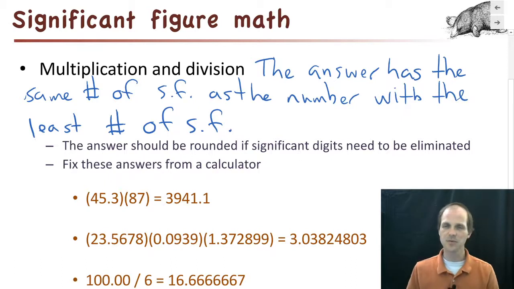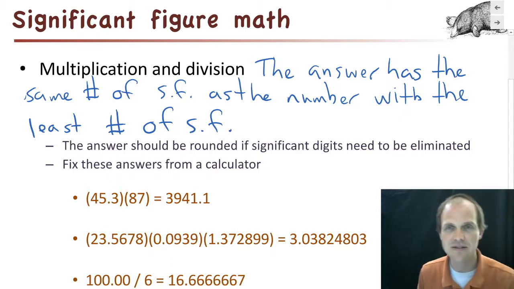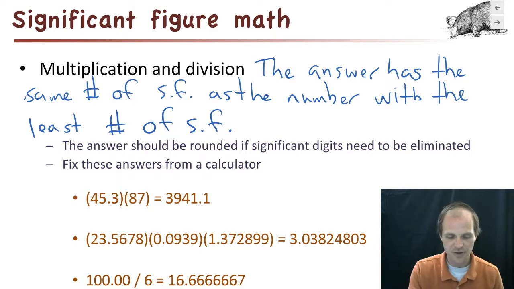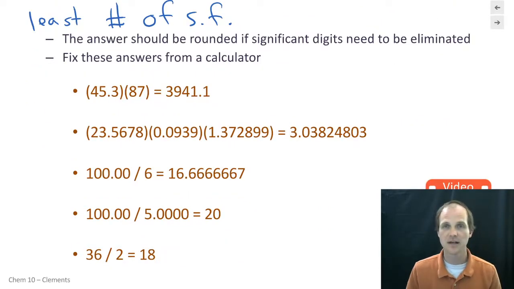It sounds a little bit weird when you read it, but examples usually clear that up pretty well. So what we have here is a few calculations where we typed it into a calculator.